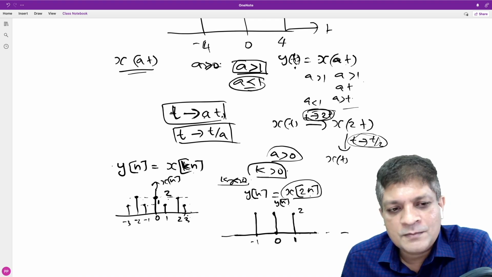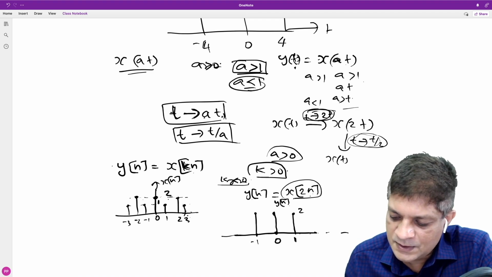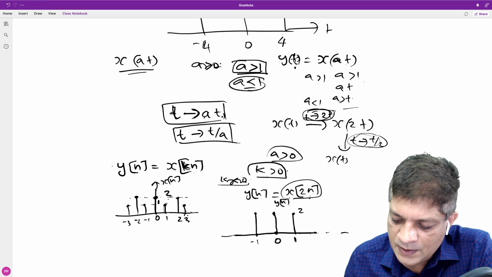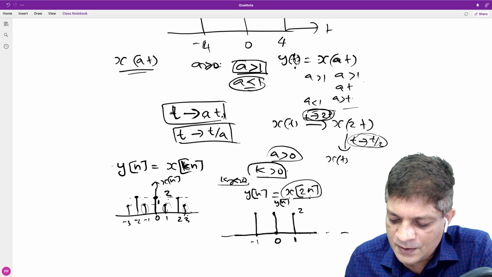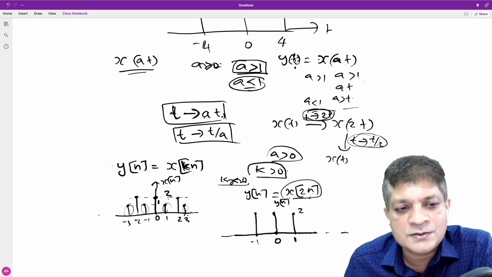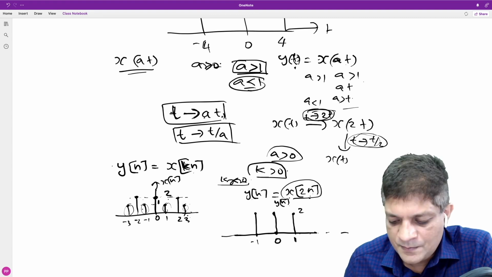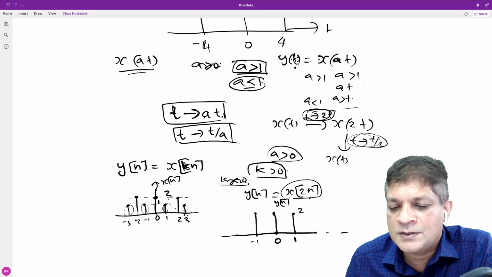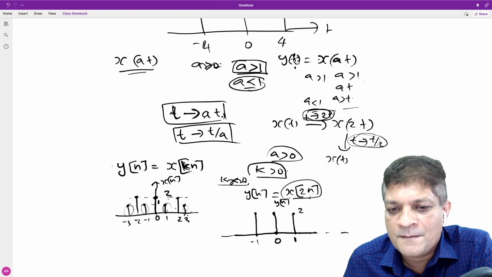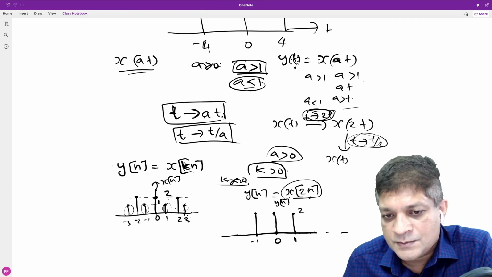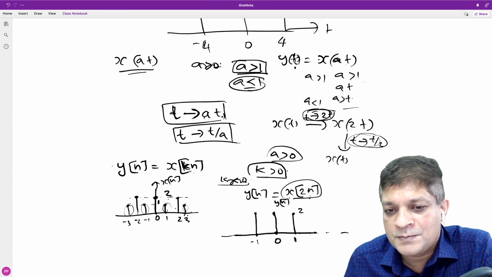Yes, we are losing information. For example, when we consider x[2n], we are losing the information about the odd samples. So that's why the shape is not preserved.